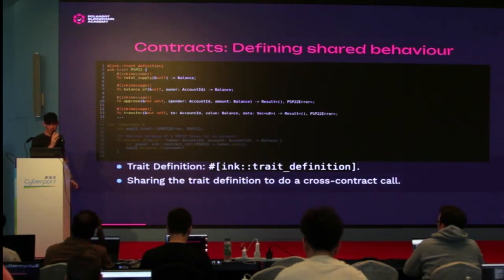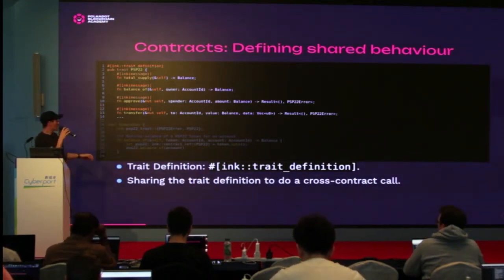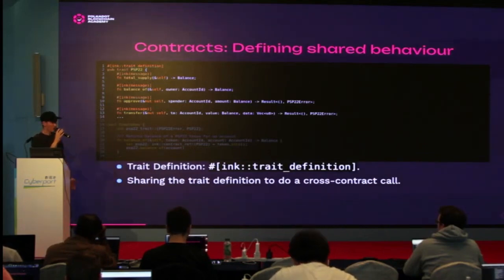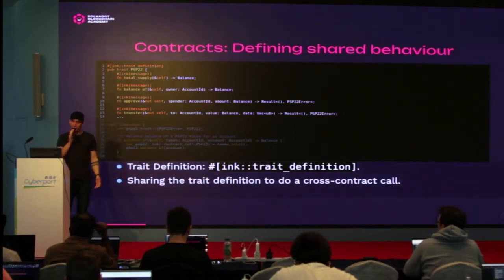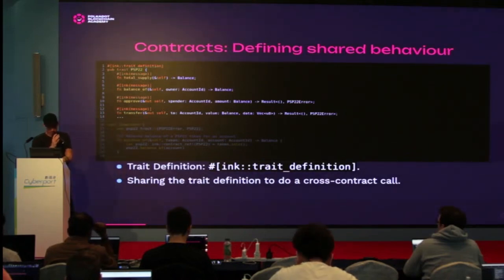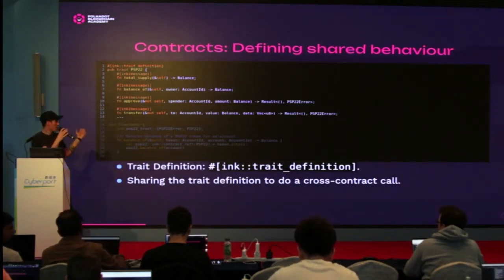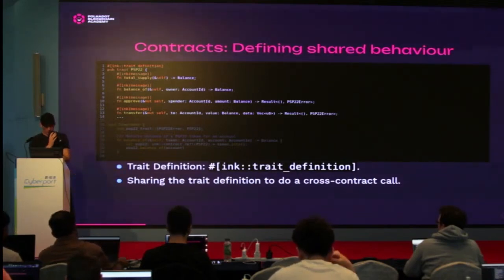Solidity has a very similar concept. You can share that definition with other contracts without sharing the underlying logic. The only thing they're going to know is what type of arguments there are and what the type of the return value is. That's basically how you would do a cross-contract call.